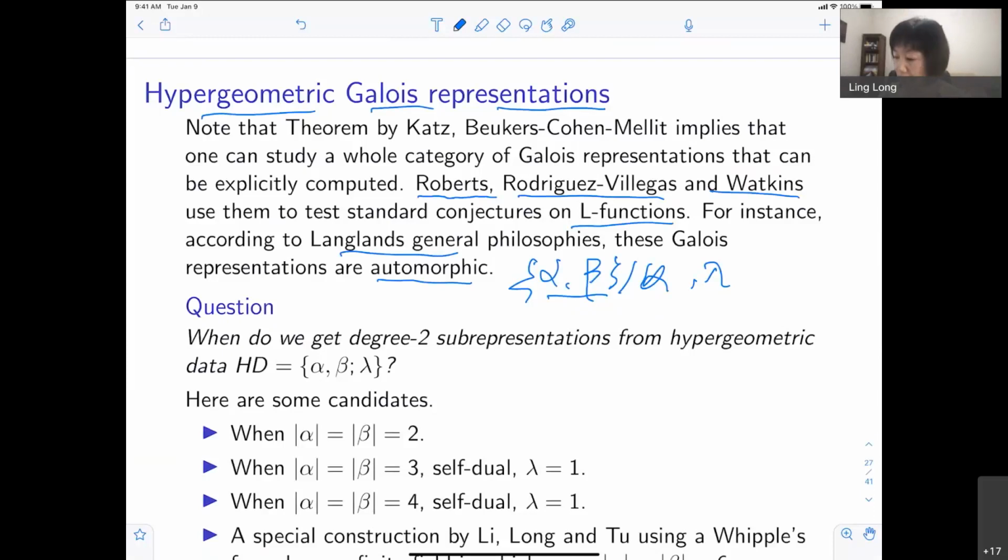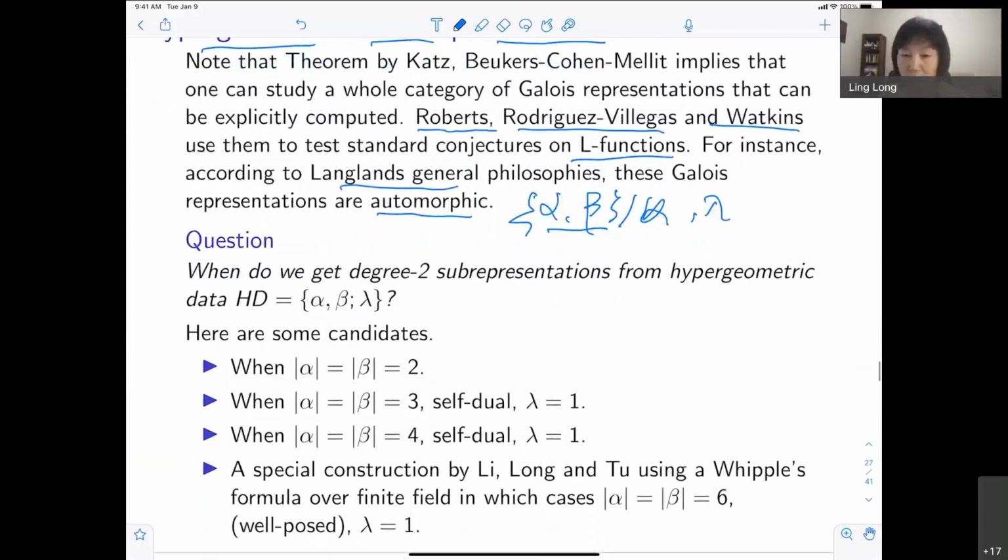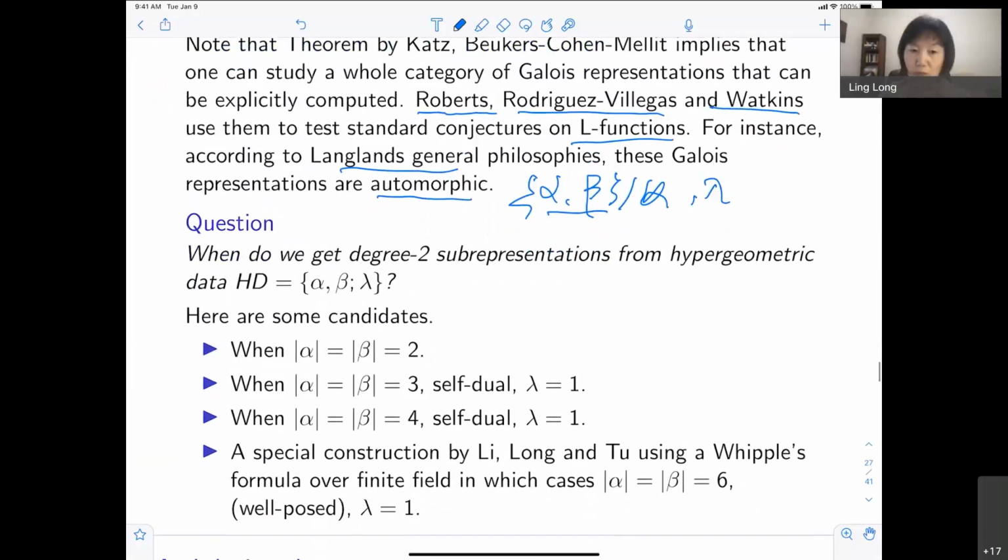All right. So because of the available techniques, we'll concentrate on degree 2 subrepresentations coming from hypergeometric data. Of course, the first candidate is when alpha, beta have length 2. This is what I mentioned about my joint work with Fuselier, Ramakrishna, Swisher, and Tu.